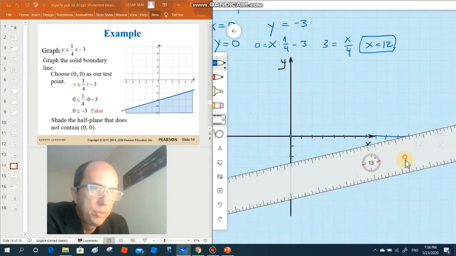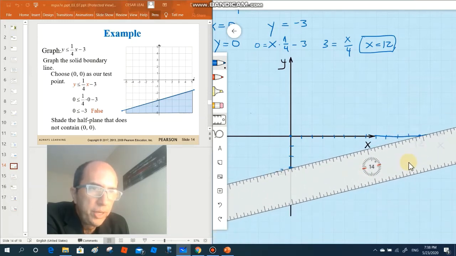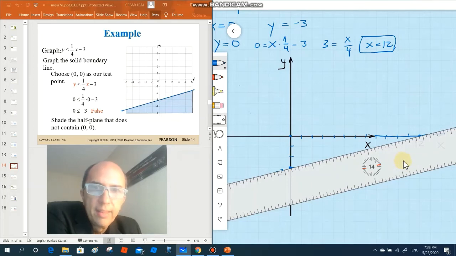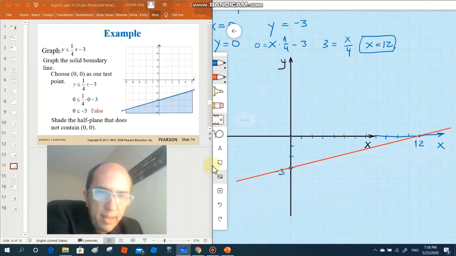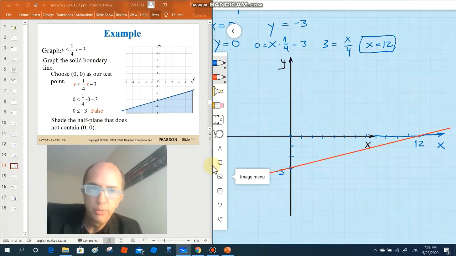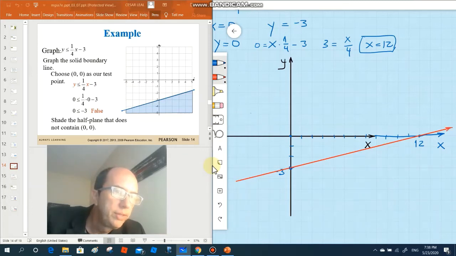Draw a line through both points. Let's use red. And don't forget to represent the arrows. That means this goes all the way to infinity.